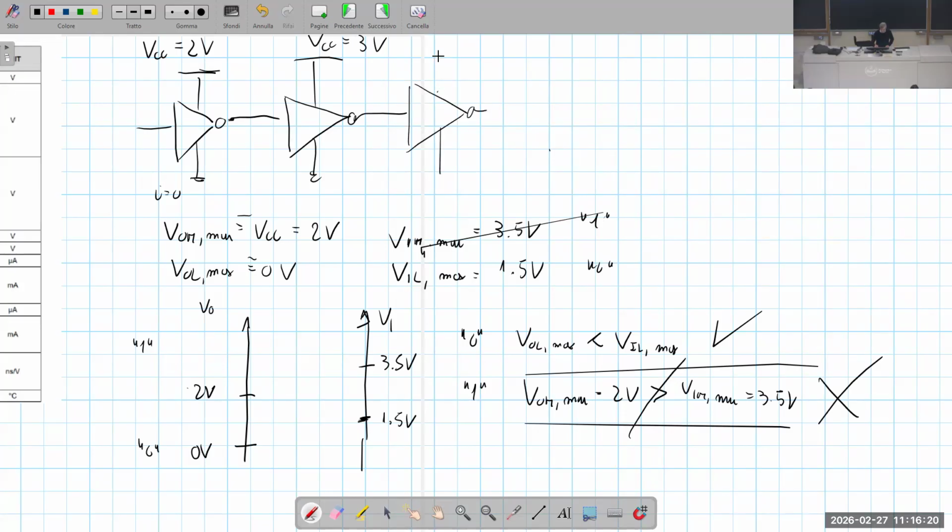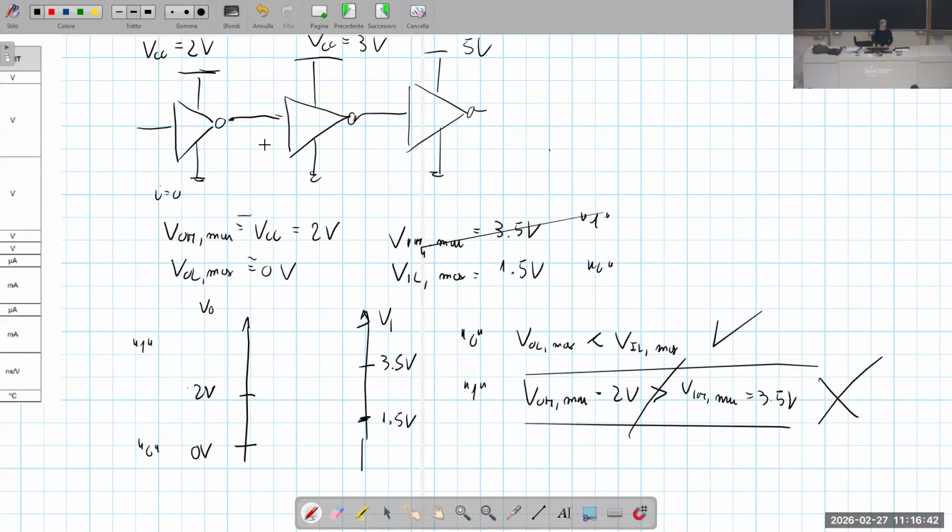But if you connect directly the output of the first gate to the input of the last one, as we have seen, this is not possible.